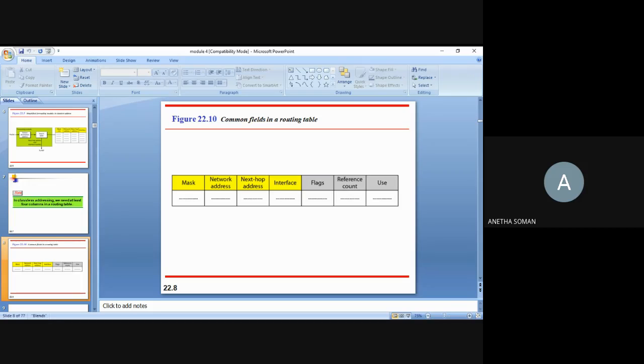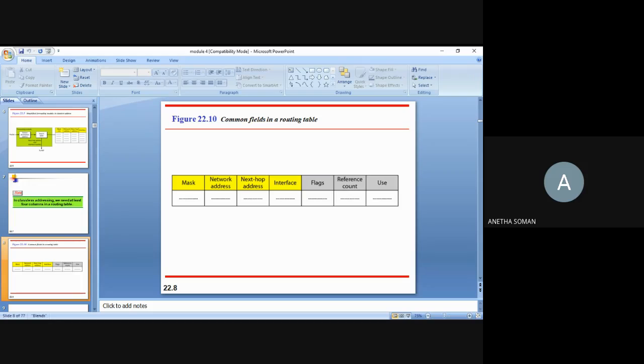Direct delivery means the destination belongs to the same network as that of the host. So the G field indicates whether the destination is in the same network or in a different network. I have told you the first two flag fields: the U up flag and the G gateway flag.